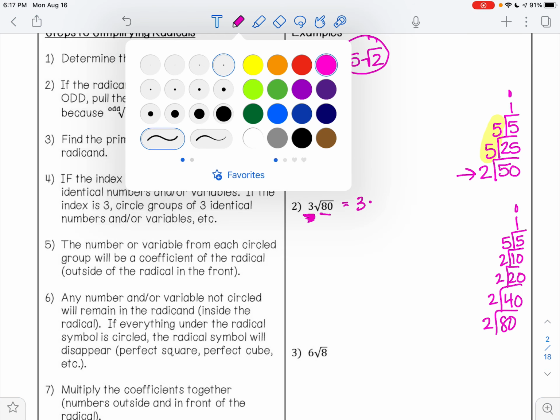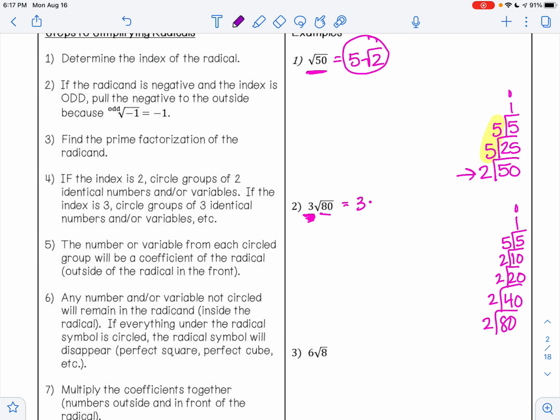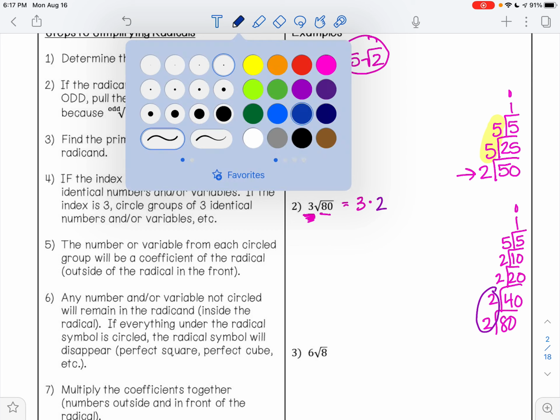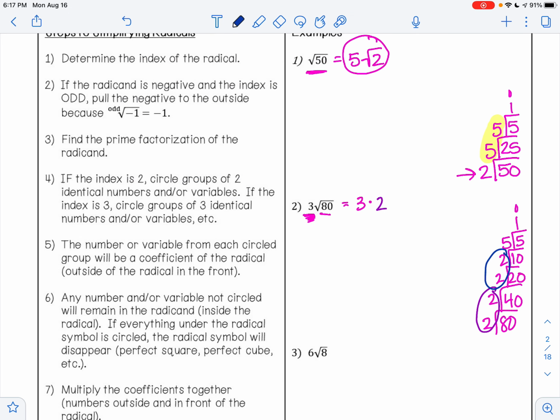I am looking for pairs of numbers to leave the square root symbol. Here I have a pair of 2s that can leave. This pair of 2s is getting multiplied by the coefficient of 3 that was already out front to begin with. Then I have another pair of 2s that can leave the square root symbol, so they will also get multiplied.